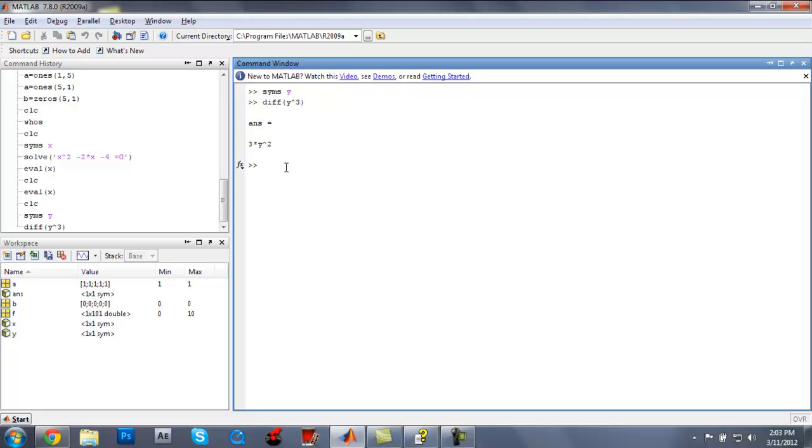Alternatively, you can use a function for this. If we make a function for y to the power 3, we have to use a new command which is called the inline command.